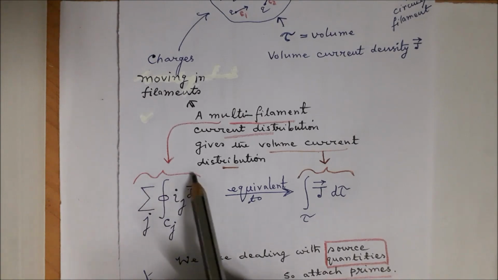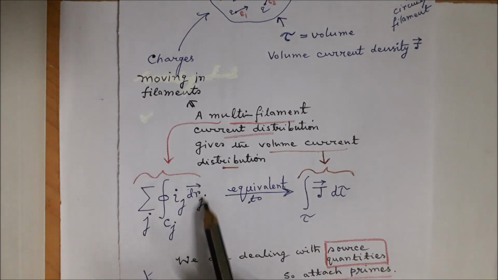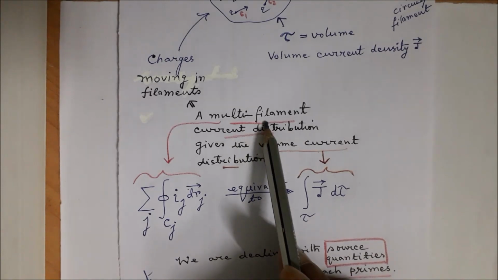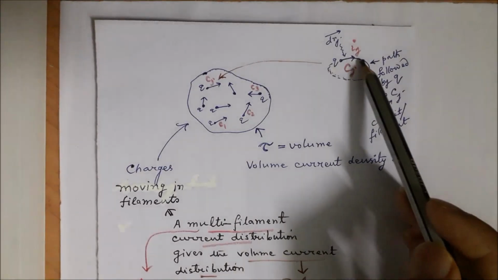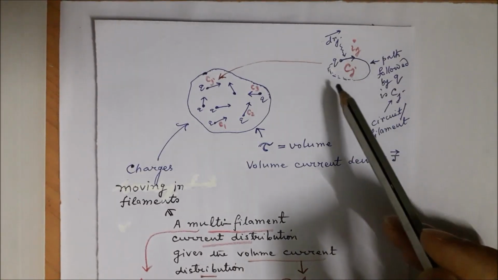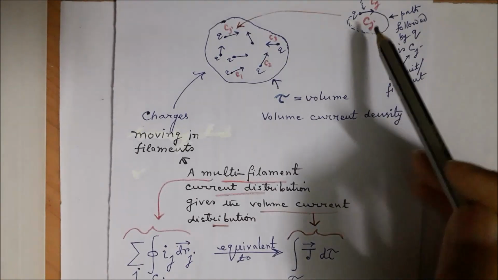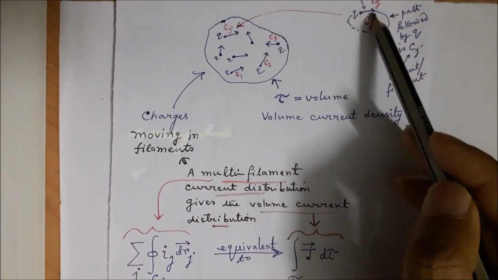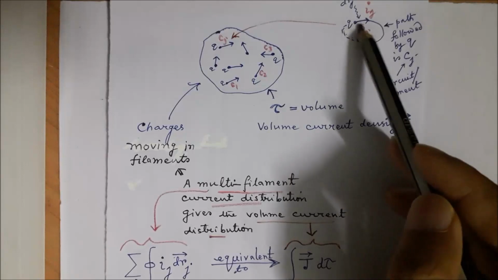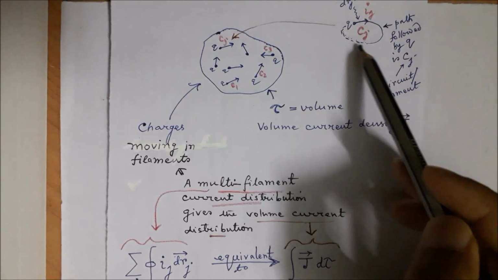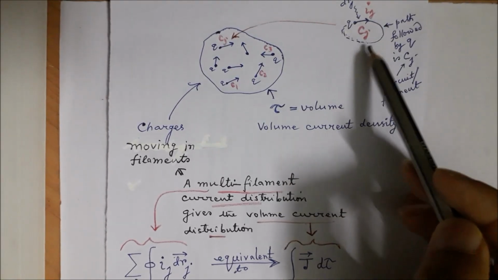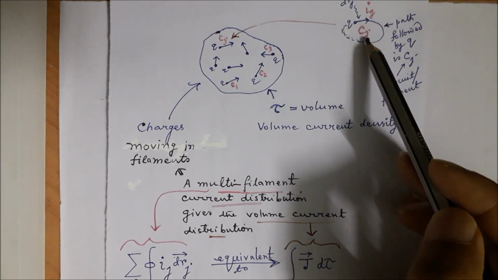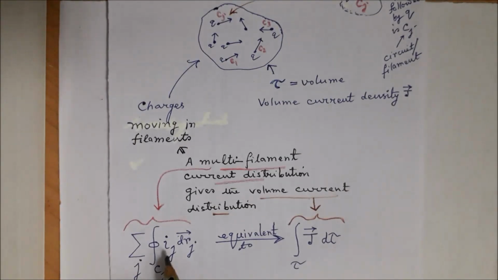So in view of this, we can write this equation which corresponds to filamentary current distribution. Here we spoke of the jth circuit, of which drj is a small element carrying current ij due to flow of q through Cj, and therefore we have the quantity ij drj.